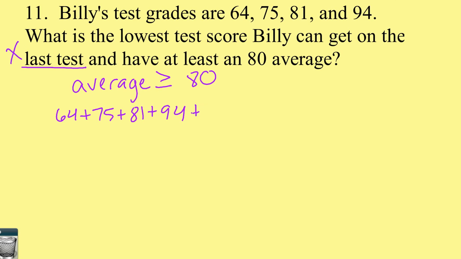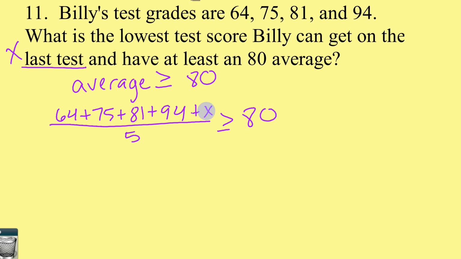So really we have to add another test score and divide by 5. Hopefully you guys saw that. If not, hopefully now it's ingrained in your brain. Okay? So we add them all up and divide by 5, and that's going to be greater than or equal to 80. And so now all we have to do is solve for that variable.